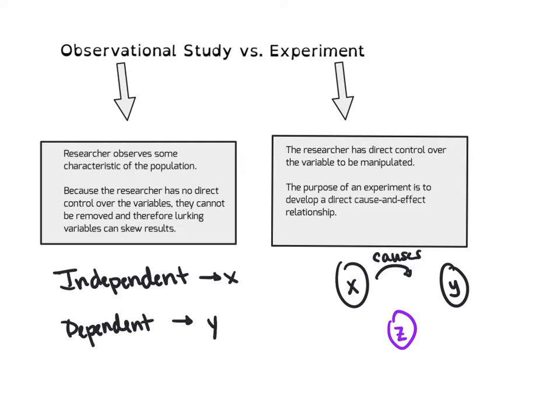I think x causes y, but really and truthfully, it's z that's causing y. So I always want to control in an experiment for these confounding variables, because confounding variables play with the y variable, the dependent variable.